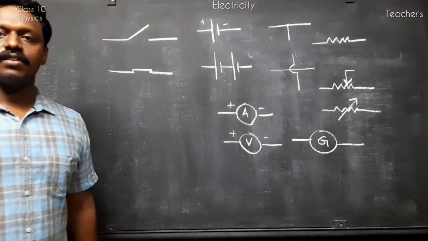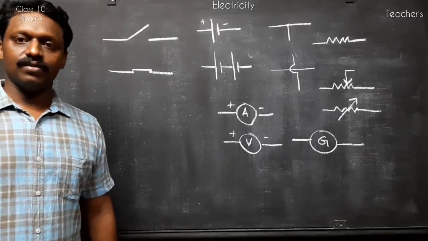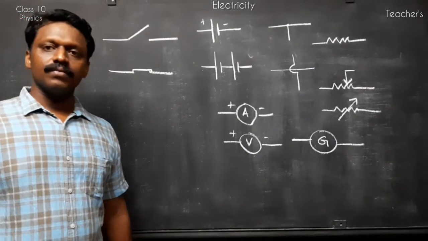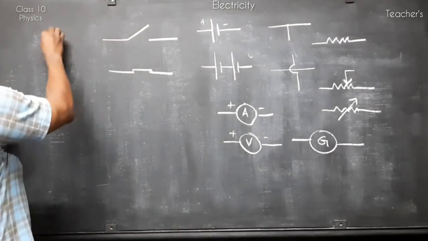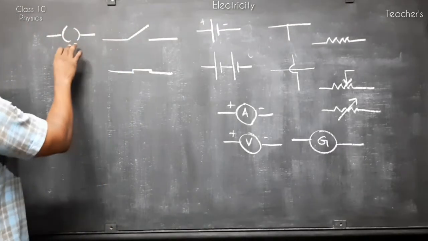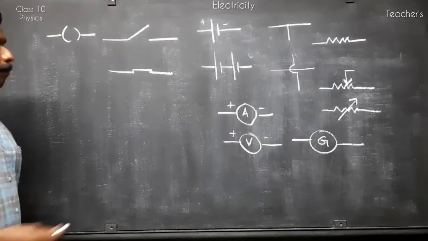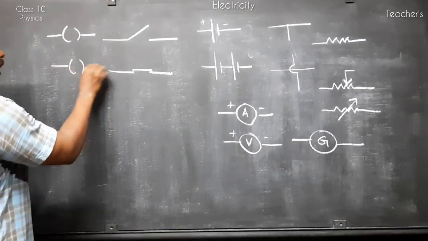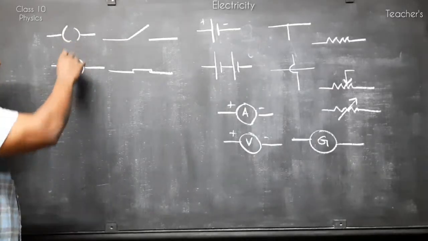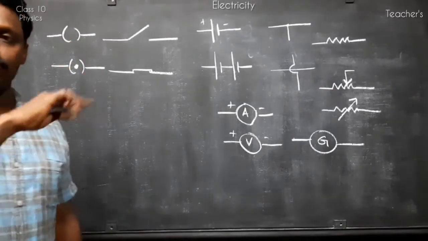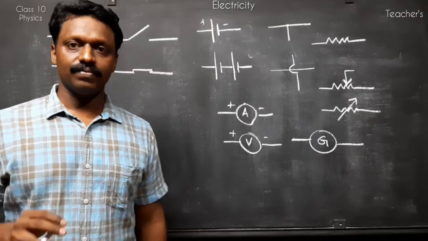This represents a closed switch. Now if it is a plug key, this represents an open plug key, and a closed plug key is represented by a dot inside this, so that something is plugged in so that the circuit is made.